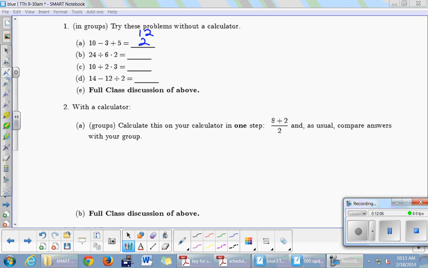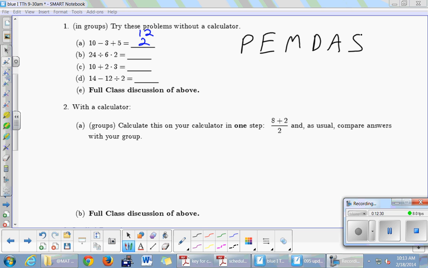So this whole PEMDAS thing gives us a way to decide what to do first when we see multiple operations like addition and subtraction or multiplication in one expression. This tells you what to do first. What does the P stand for? Parentheses. So if you see parentheses, you have to do whatever's in there before you do anything that's outside.